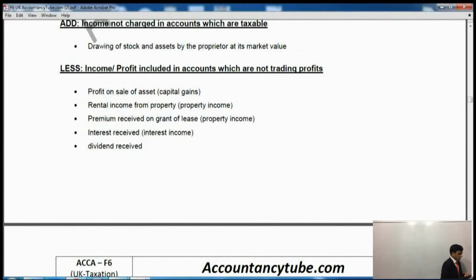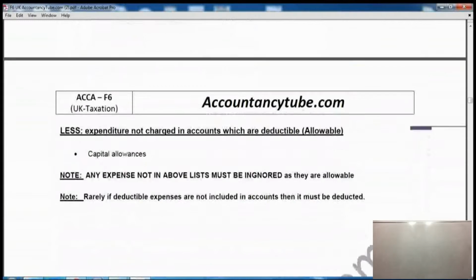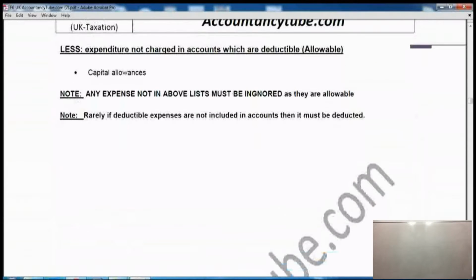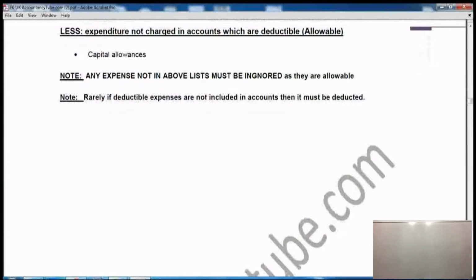All right. And if you move to page 22, there is another list as well. Expenditure not charged in the accounts which is deductible. So these are allowable expenditure, and there is only one, which is capital allowances. So this is also something that you will have to deduct. Now capital allowances, we will see in the next chapter, I think.